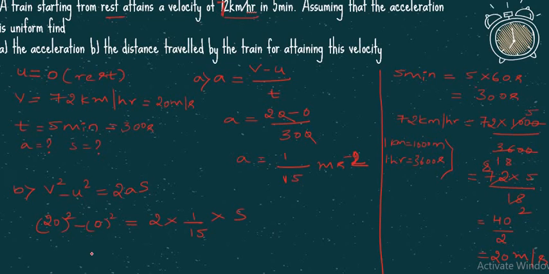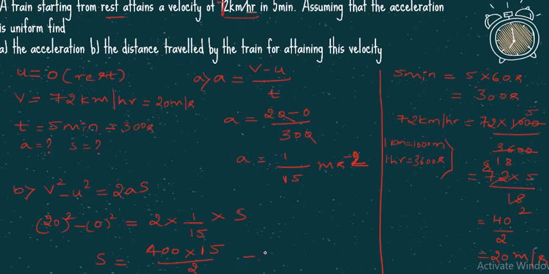If I solve for s, it will be equal to 20 square, that is 400. Since this is in the denominator, I need to multiply. So it will be 400 into 15 divided by 2.